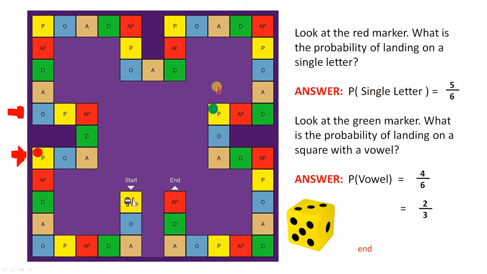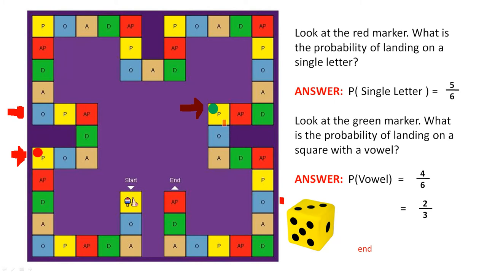Look at the green marker. That's this one here. What is the probability of landing on a square with a vowel? Now you remember the vowel is A, E, I, O or U. Now what's the furthest we can go? We can go 6 places. That's the most we can go. 1, 2, 3, 4, 5, 6. So that's the furthest we can go, where that little red mark is.